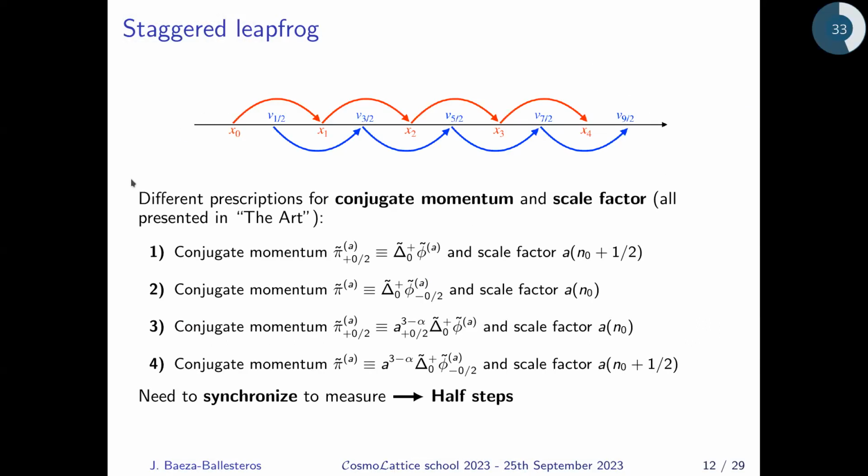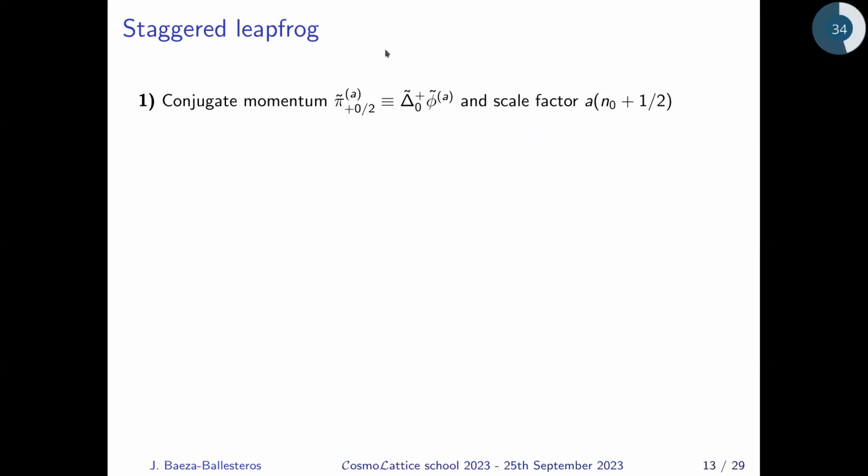Okay, so now let me comment on all these possibilities. The first option we were discussing is the option in which we define the conjugate momentum just as the forward derivative of the scalar field, and we choose our scale factor to live at semi-integer times.